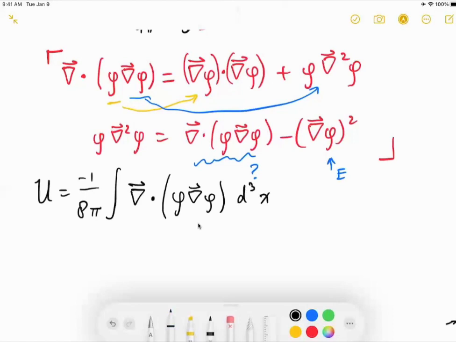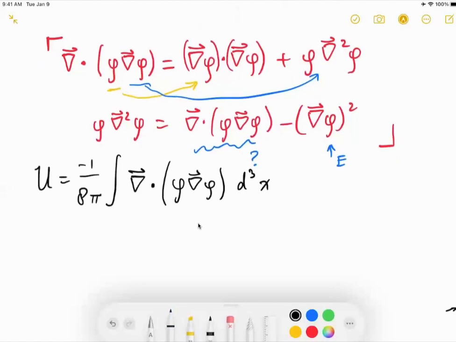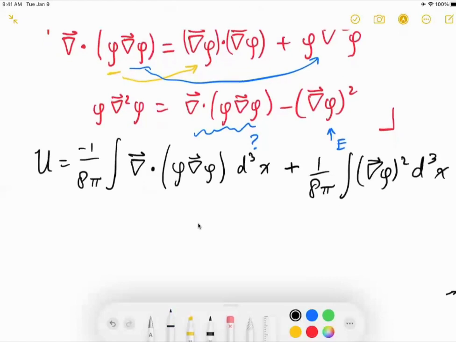And now mind the plus. We have a volume integral of the gradient of phi squared dx.